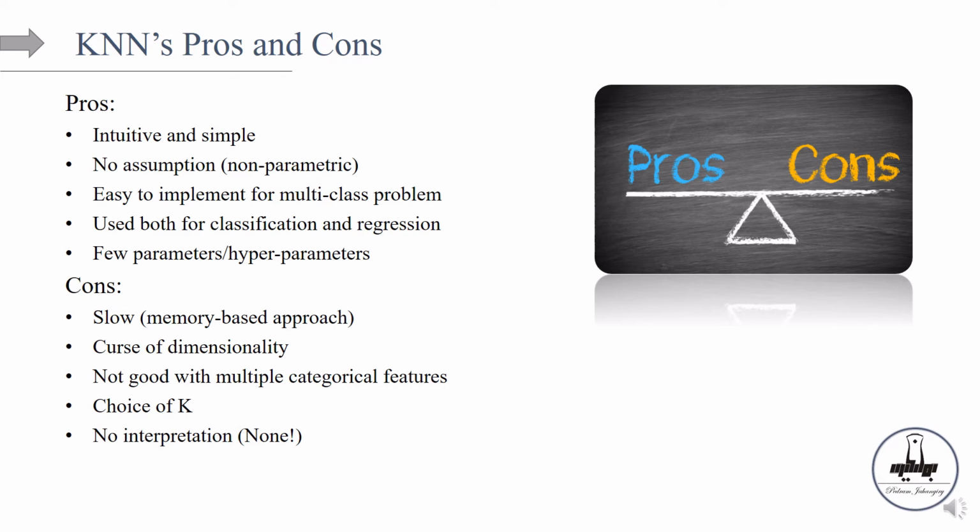There is no interpretation, none, right? There are no parameters that you can interpret at the end of the day. So if you want to use machine learning models and at the same time think about interpretability of that model, KNN, especially for regression, maybe is your last option.